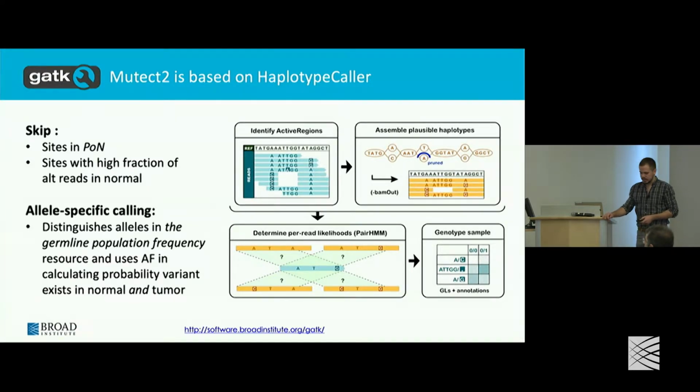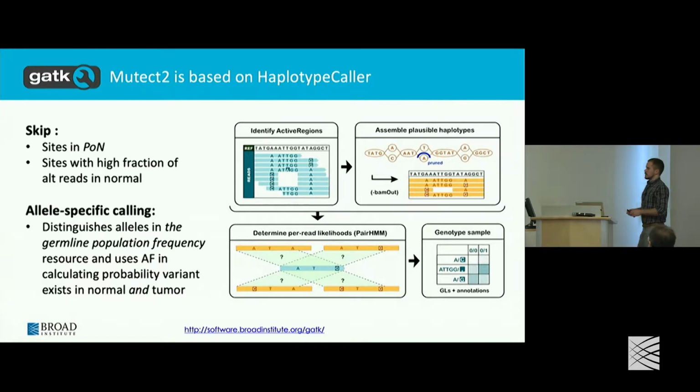Then we calculate this big read-by-haplotype per-read likelihood matrix, and then we use that matrix to actually determine our most likely alleles. So this is basically very similar to what HaplotypeCaller does.